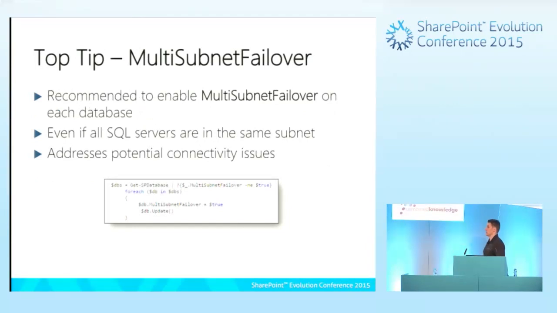Now, I have another top tip, which is there's a property for each database within SharePoint that was introduced, I can't remember, probably a year or 2 ago, called the multi-subnet failover. Now, it's recommended for each content database that you enable this. The reason being, I'll try to explain it in as simple a way as possible.